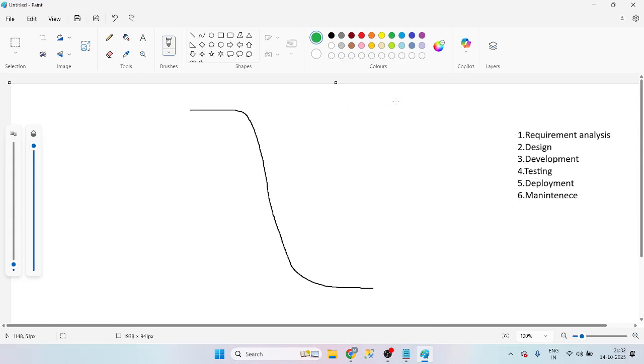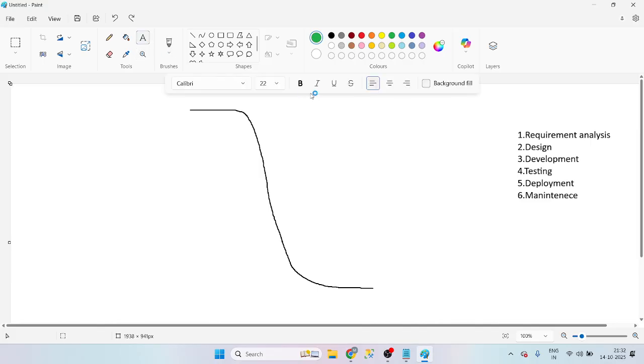Okay, let me write it here. Waterfall methodology. We are doing a project in Waterfall methodology, and just consider the project name is Amazon. Okay, the project name is Amazon.